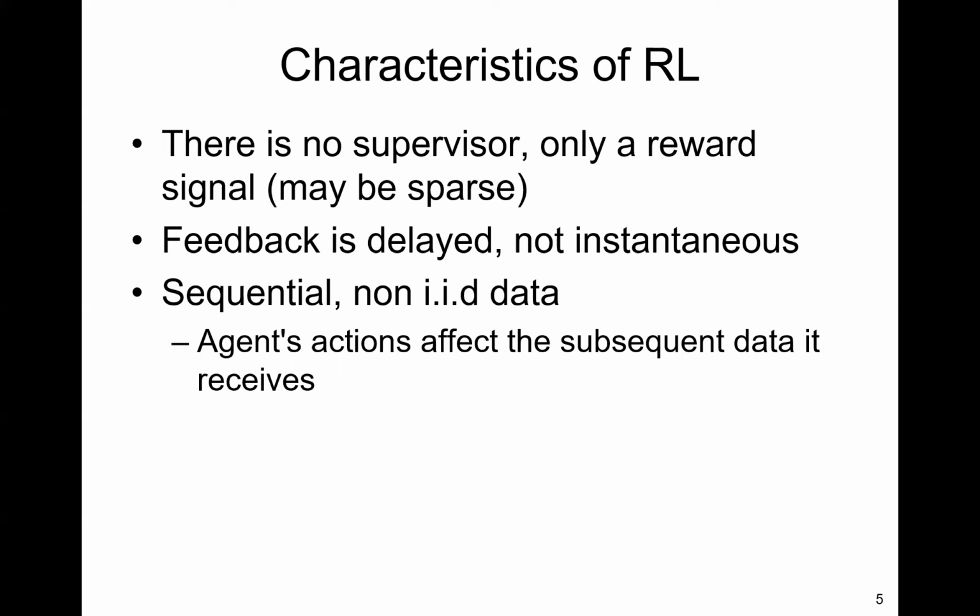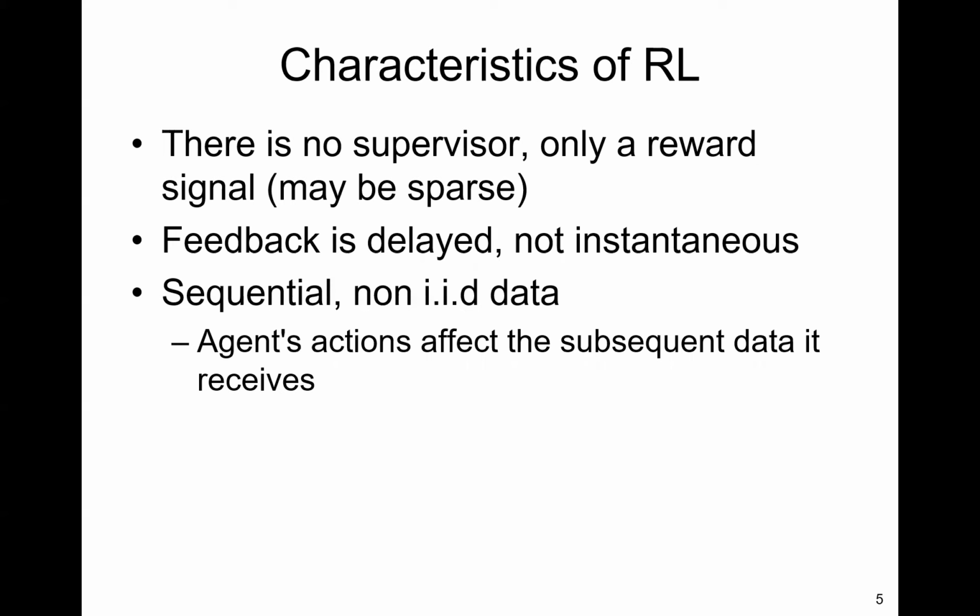Feedback may be delayed, not instantaneous. And you have sequential, non-IID data. IID data is when you have supervised learning, where every input image is independent of the previous image, say for MNIST classification. Any input is unrelated to previous and future inputs.